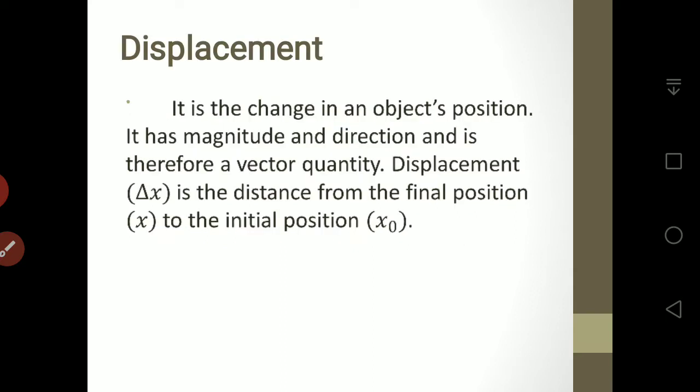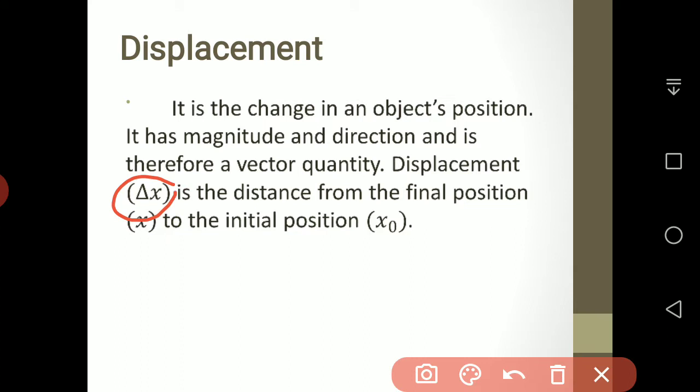Simula tayo sa displacement. Displacement, it is the change in an object's position. It has magnitude and direction, and it is therefore a vector quantity. So, alam na natin ibig sabihin ng vector quantity. Meron siyang magnitude at direction. Displacement, known as change in x, is the distance from the final position to the initial position.